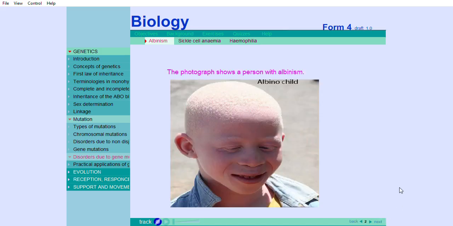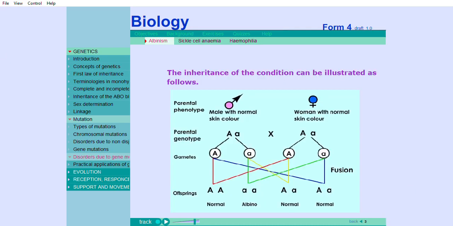The photograph shows a person with albinism. The inheritance of the condition can be illustrated as follows.